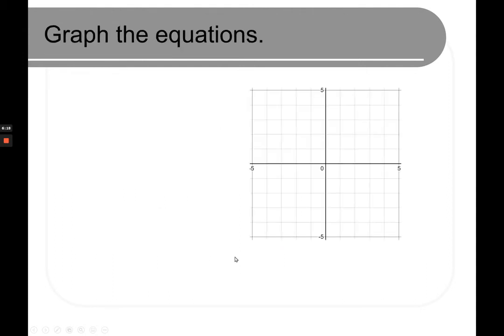Let's proceed. So the first equation has x and y-intercepts of (0, 4) and (2, 0). (0, 4) should be here, and (2, 0) should be here. And we can now draw this line by just finding the x and y-intercepts.